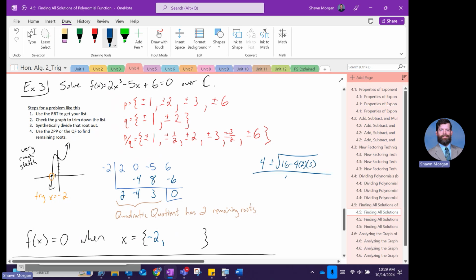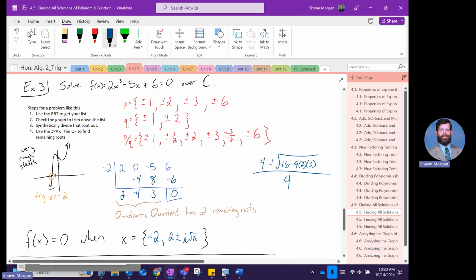That's a negative discriminant, mind you, so we're going to have to pluck out the i. 4 times 2 times 3 is 24. And so is that an 8? And 2 radical 2.